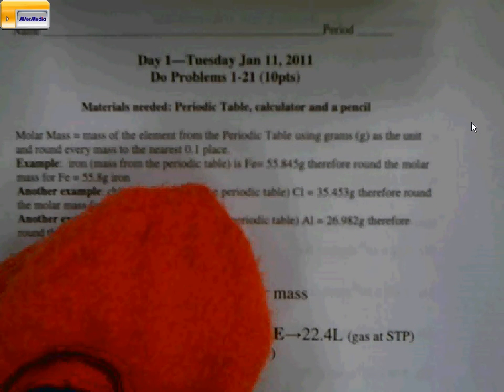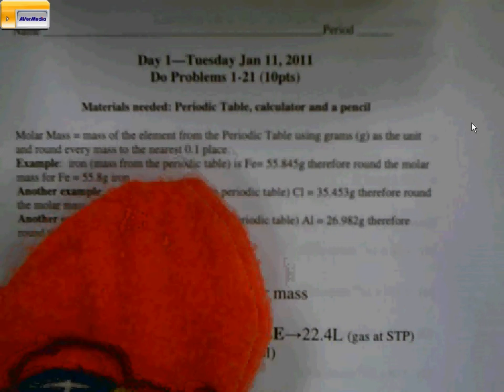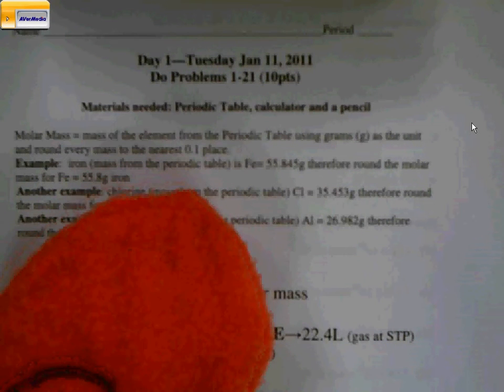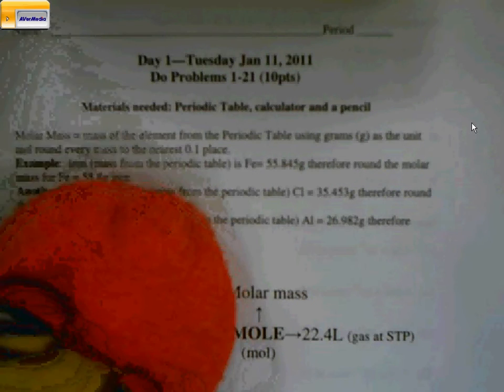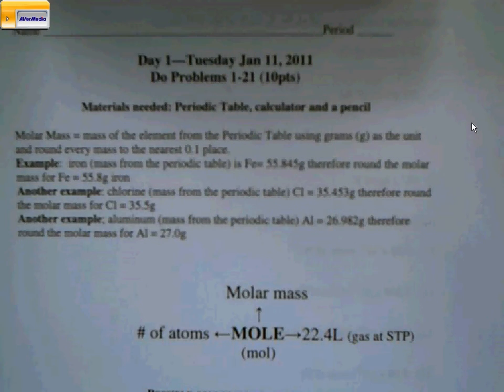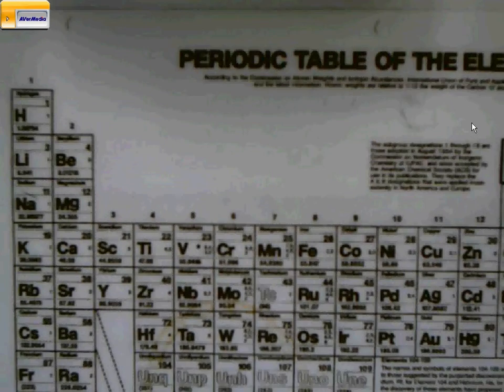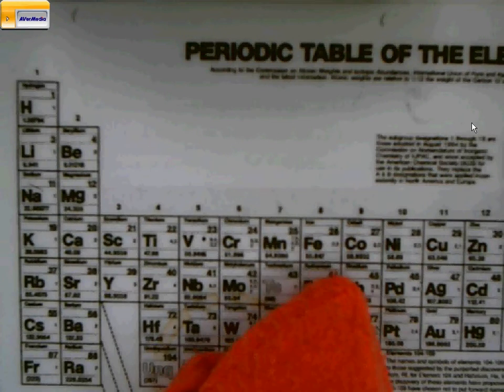So let's look at a periodic table. If you look at your periodic table, the mass number is at the bottom. So she's using the example of iron.